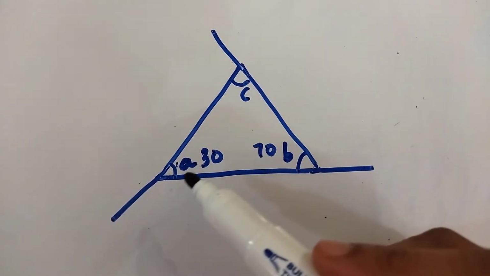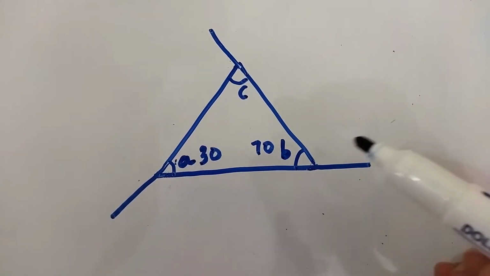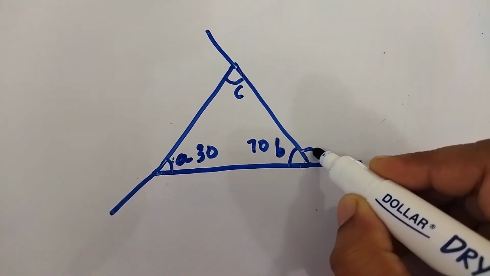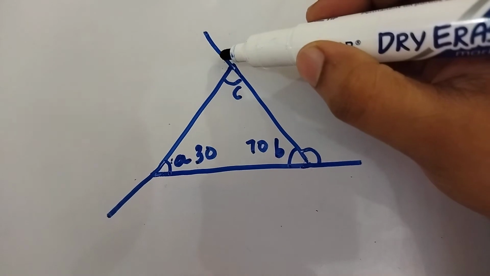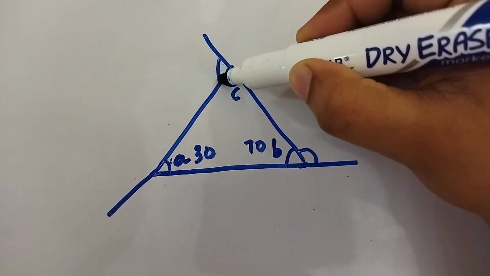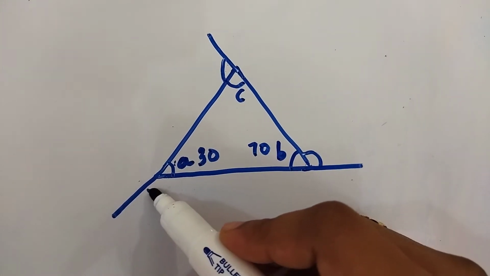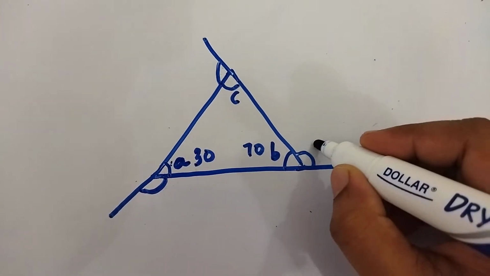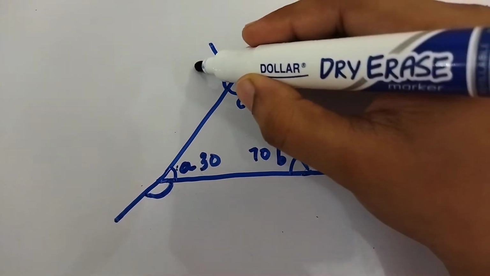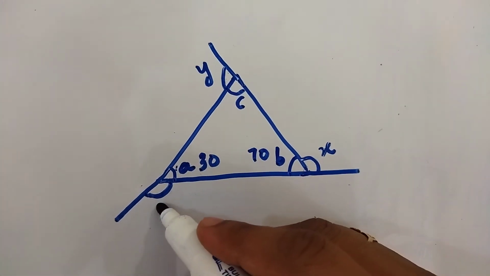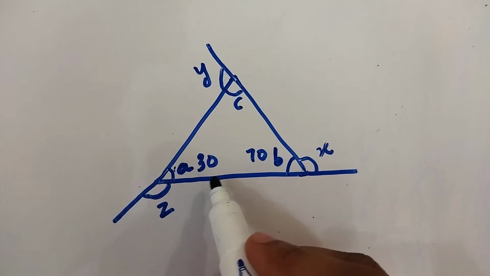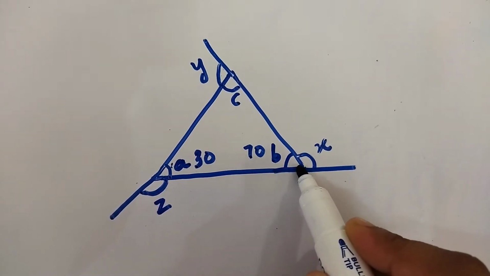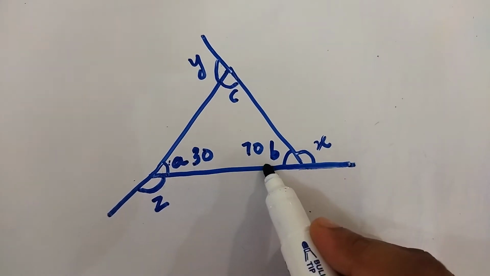Okay, now you can see that I have extended the lines of the triangle, and now we have some more angles. These are basically the exterior angles. For example, this is X, this is Y and this is Z. First of all, you can see that here we are getting straight lines, right?